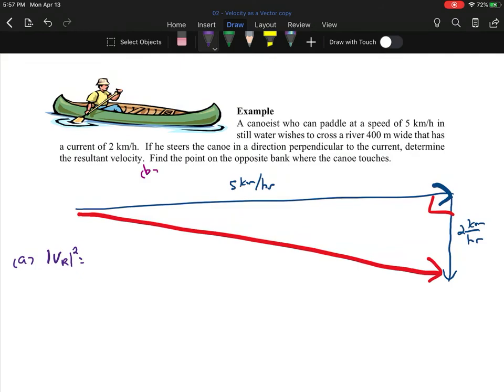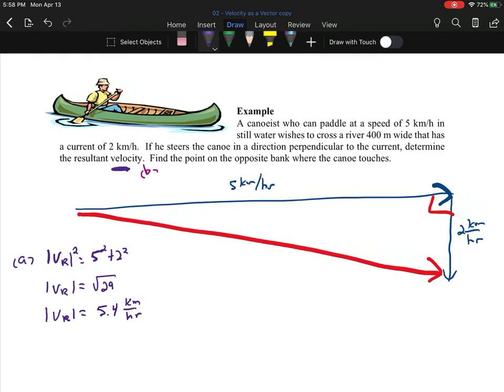His resultant velocity, I'm going to go back to using a little bit better symbols here for these type of questions. The size of his resultant velocity will be 5 squared plus 2 squared. And so I get root 29. His resultant velocity, the size of it will be 5.4 kilometers per hour.